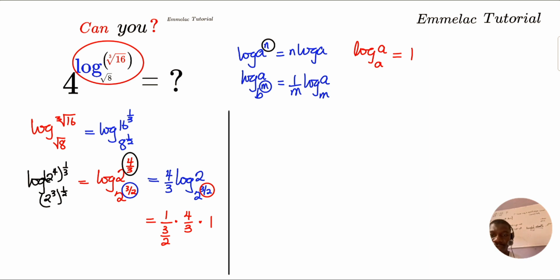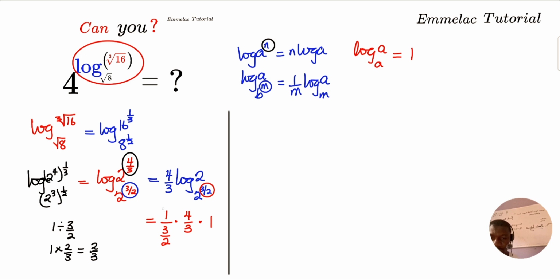Let's take note also, you must be very careful here. This simply implies 1 divided by 3 over 2, which is the same as saying 1 times 2 over 3, which gives us 2 over 3.